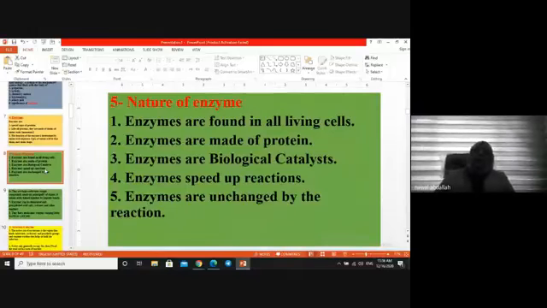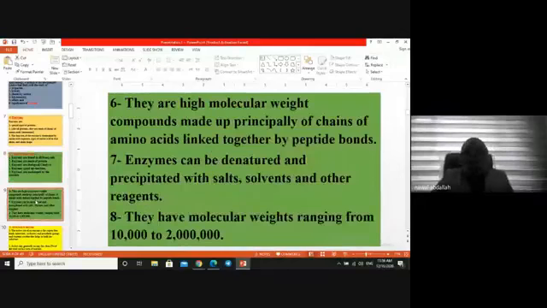They are biological catalysts that speed up reactions and are unchanged by the reaction. They have high molecular weights and can be denatured by salt, acid, or other reagents.